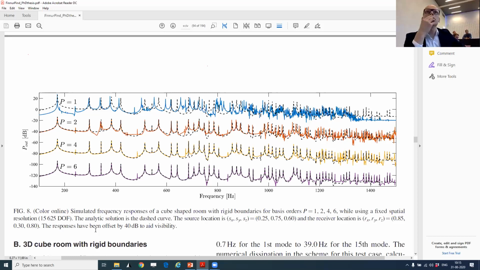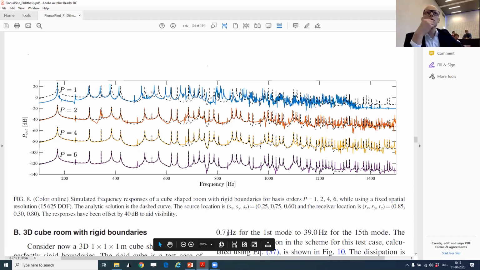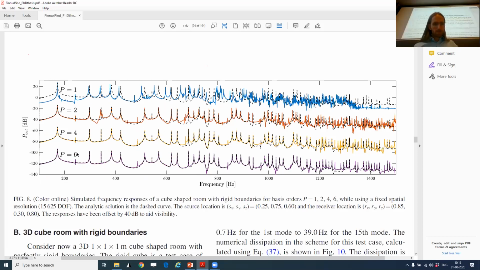But if you look closely, you see it gets much better, but at some frequencies you still see some higher resonances that you don't see in the reference, for example around 250 hertz. Is that noise, or is it an artificial mode, or is it caused by a small phase error?